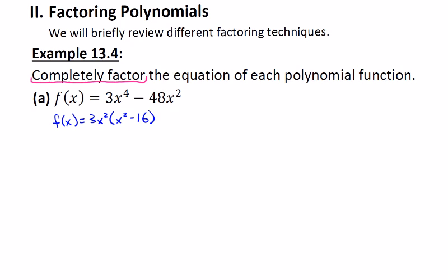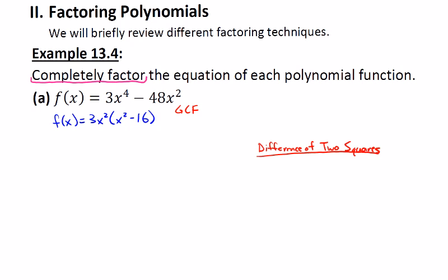So there is another technique here. Again, what we just did was GCF, greatest common factoring. But the next thing that I want to review is the difference of two squares factoring technique.